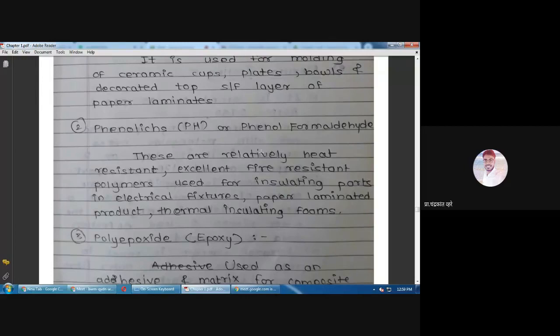In the motherboard also there are n number of plastic products we are using, for mounting purposes, or some as insulating purposes. So n number of applications of plastic in the electrical industry for insulating purposes.